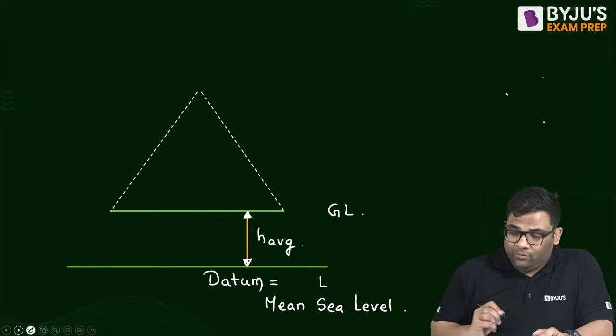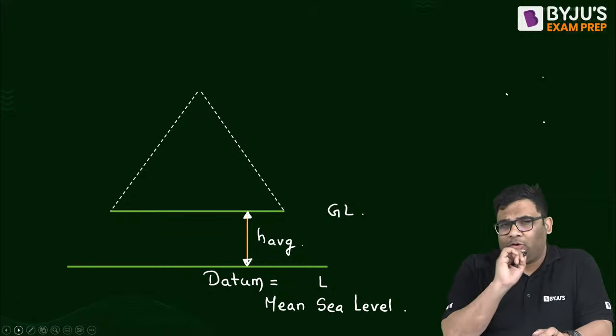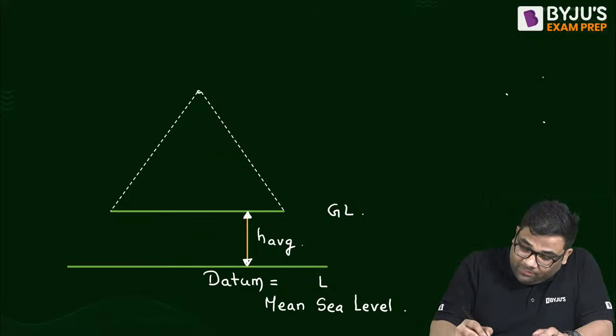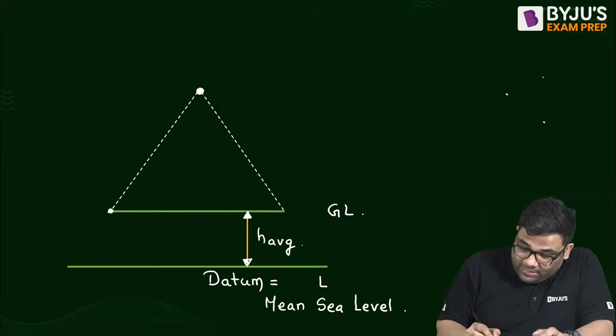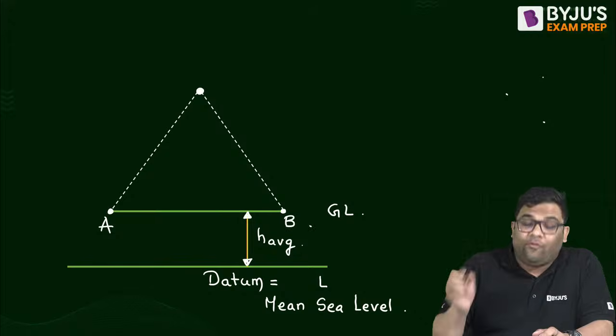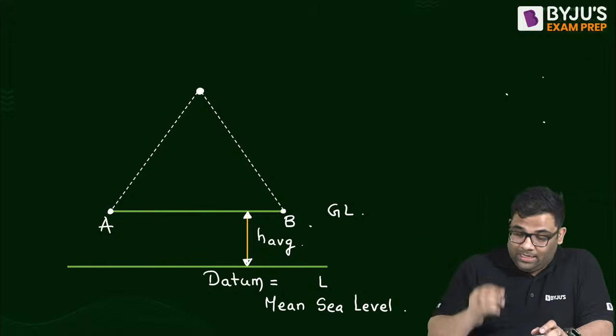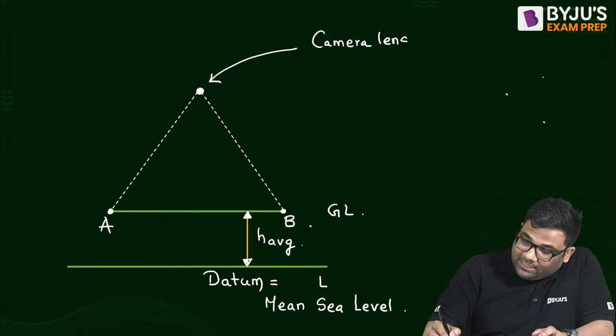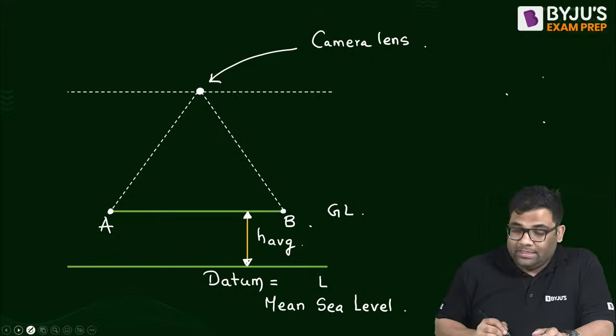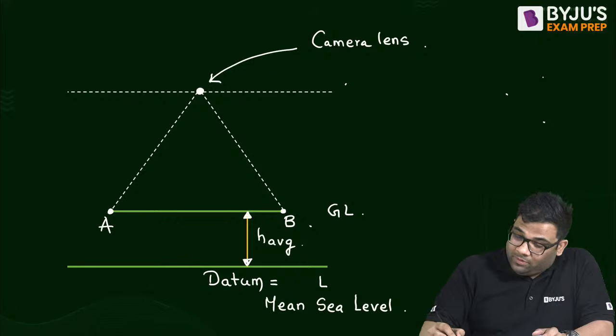Now, what we will do, we'll click a photo. This will be the lens of our camera, and suppose we are trying to click a photo of the AB line. This is your camera lens, and this level will be known as the flying height level.